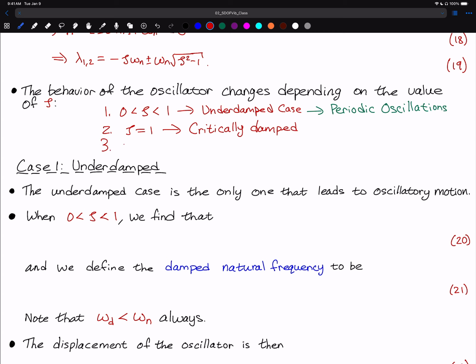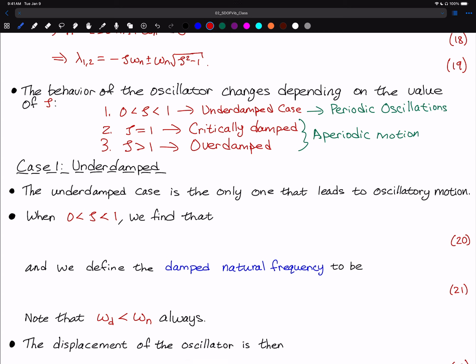Case 3 is when zeta is greater than 1, and this is considered overdamped. And both of these cases give rise to an aperiodic motion, meaning that there are no periodic oscillations. It's an aperiodic motion.